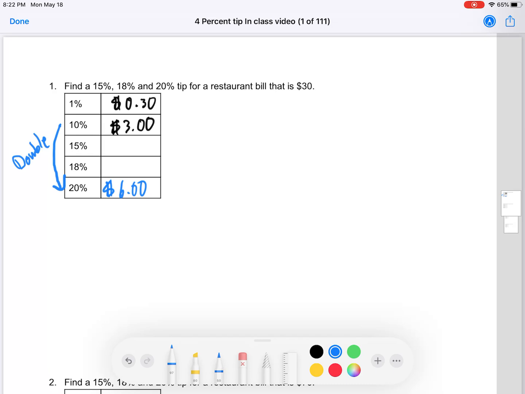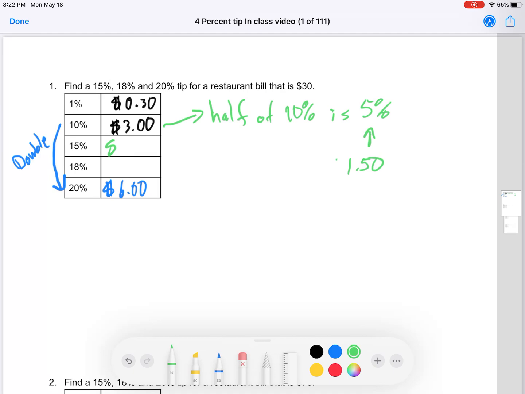Now, to get to the next one, what I would do is take half. Let me write that. Half of 10% is 5%, right? So half of $3 is, oops, that's going to be $1.50.